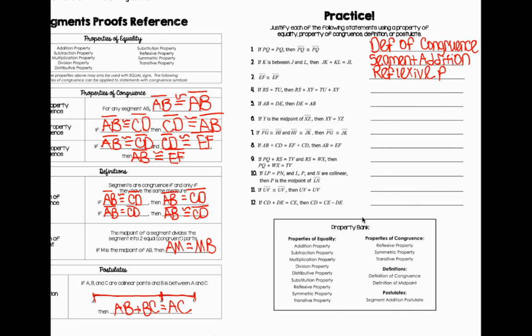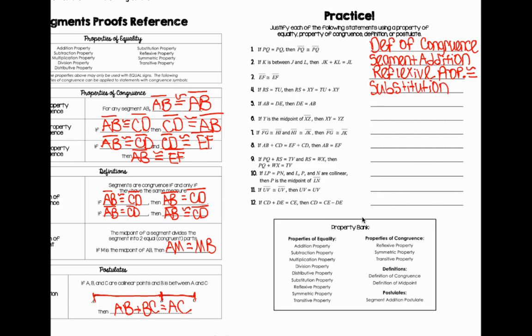And you can just say prop, and it's of congruence. If RS equals TU, then RS plus XY equals TU plus XY. So that is from the last section, that is substitution. You are substituting TU for RS.